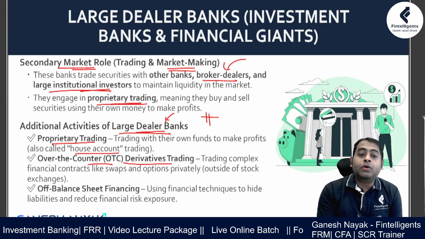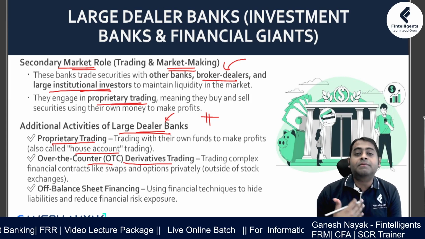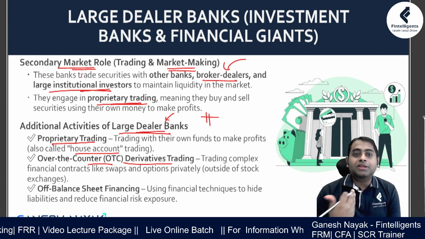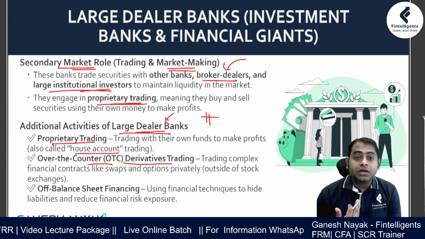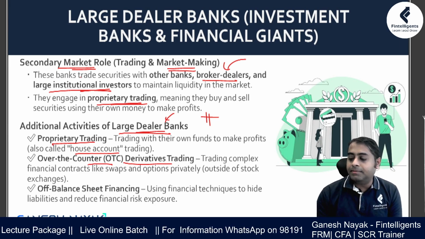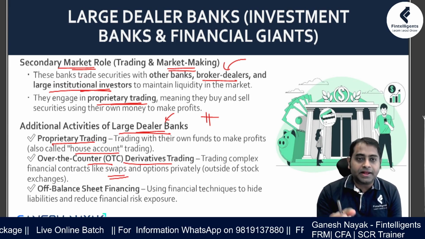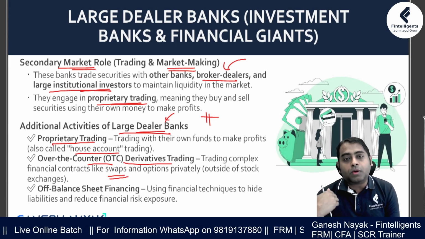This can only happen on an OTC market, which is a transaction between you and me, where both parties agree, they negotiate, customize the transaction and then execute it. A very simple example of this is a swap. The way you have futures and options, we also have swaps. In the derivatives section, we'll be covering that.